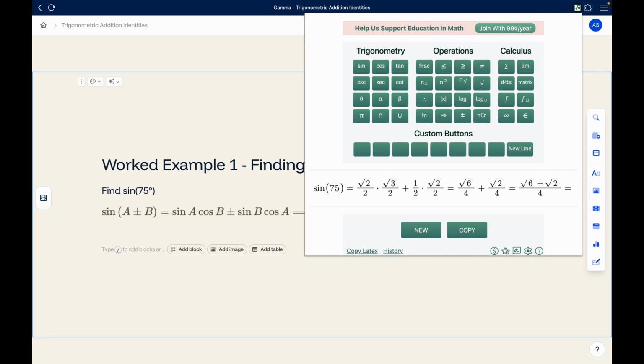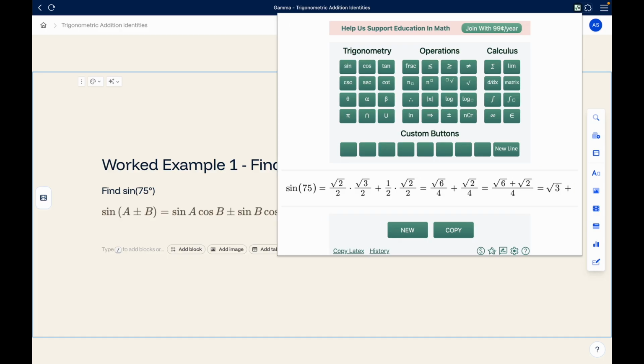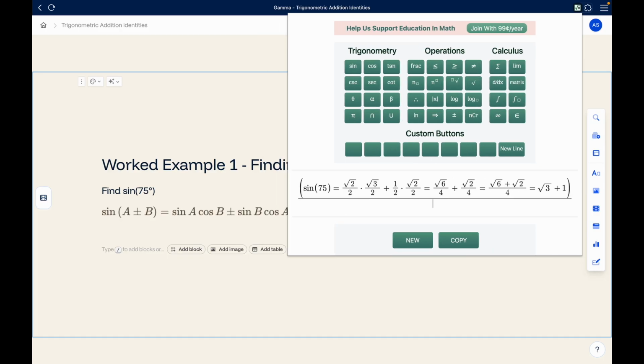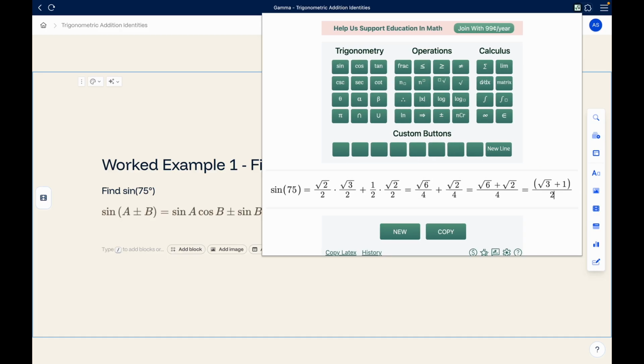Now, if you do wish, you can factor out the square root of 2, and you can get the square root of 3 plus 1 divided by 2 times the square root of 2.